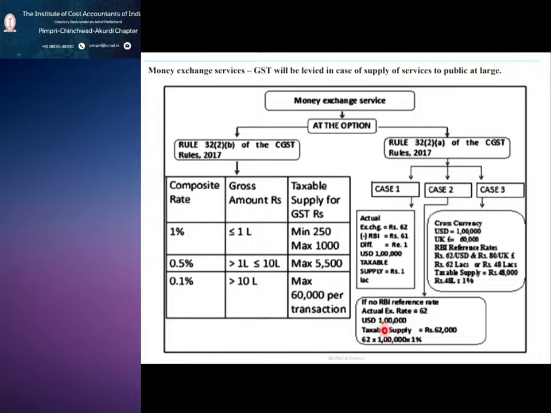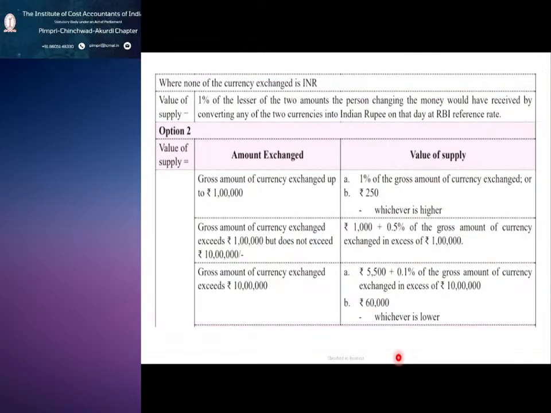So if the RBI rate is not there, directly 1 lakh into 62, then 1%. Wait, we'll see here. Value of supply, 1% of the lesser of the two amounts the person changing the money would have received by converting any of the two currencies into Indian rupees on that day at the RBI reference rate.